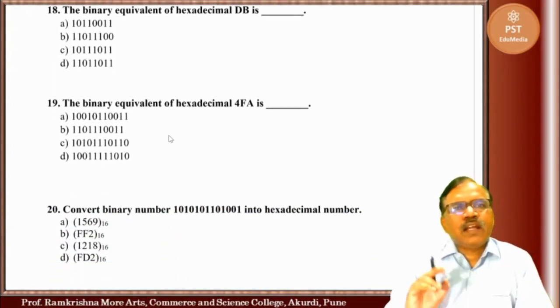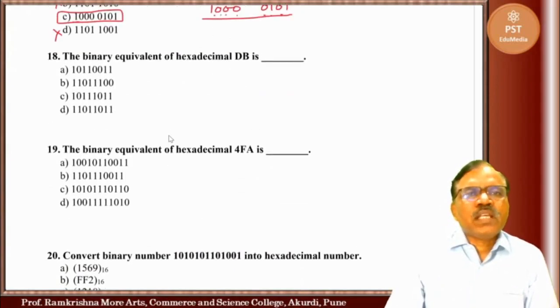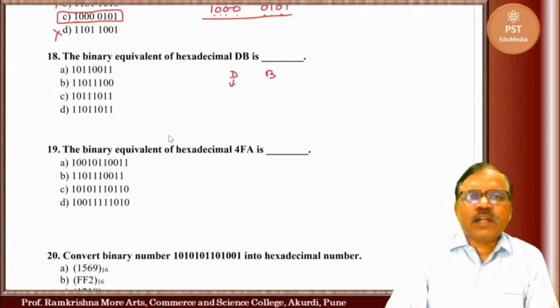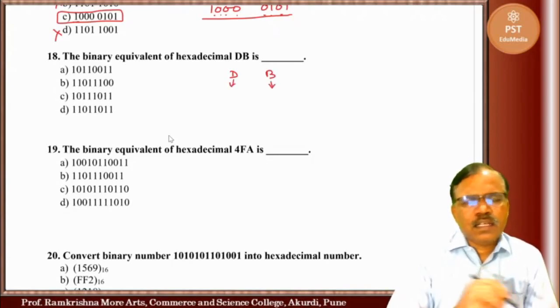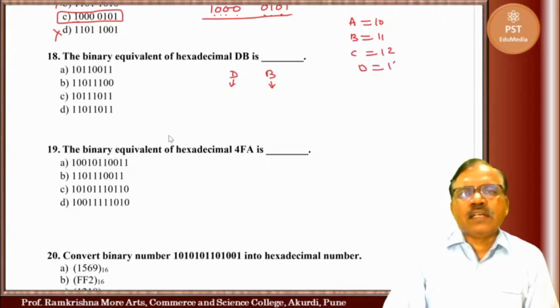The binary equivalent of hexadecimal DB. If a hexadecimal number is given, we take the corresponding decimal equivalents. We know that for A it is 10, for B it is 11, for C it is 12, for D it is 13. So here we have 13 and 11, which are the decimal values.